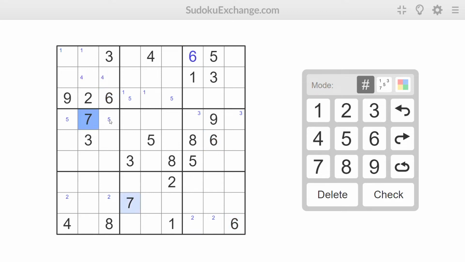The 7 sees these 3, this 7 sees this one, so let's put in 7s here. And this 7 and this 7 see this, this, this and this spot.